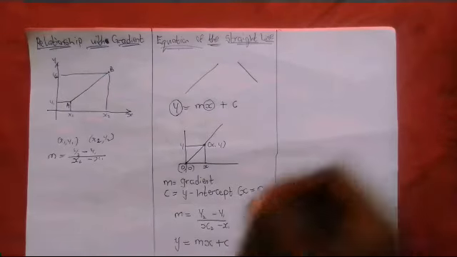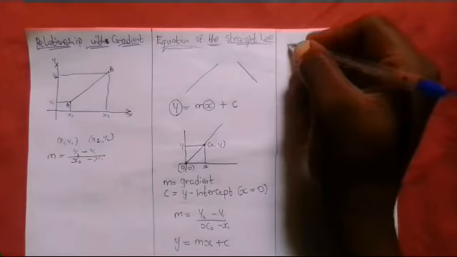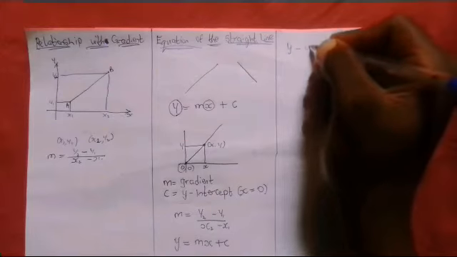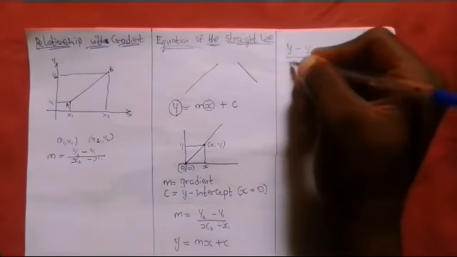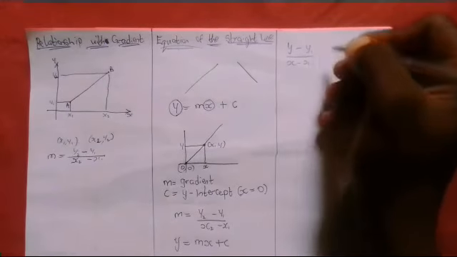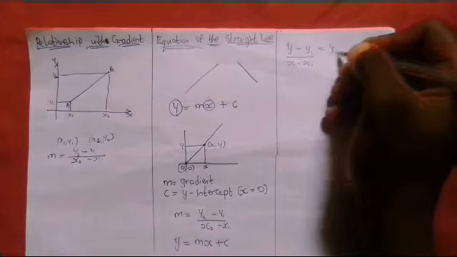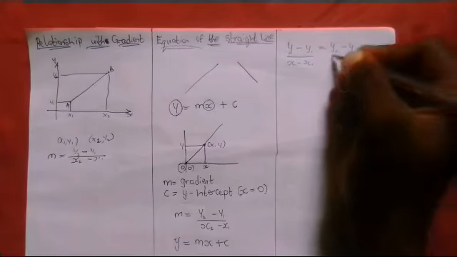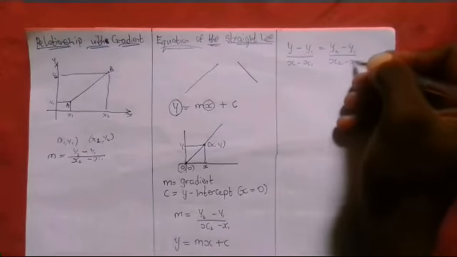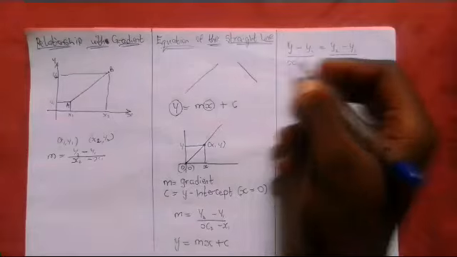Also, we can still find one more, which is y minus y1 over x minus x1 is equal to y2 minus y1 over x2 minus x1. So this one is another formula.